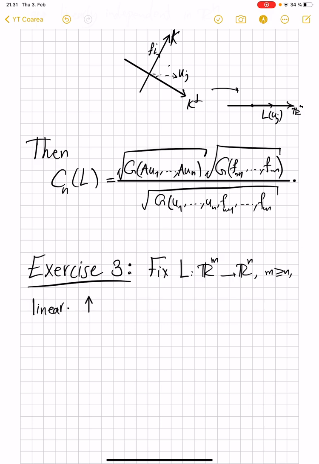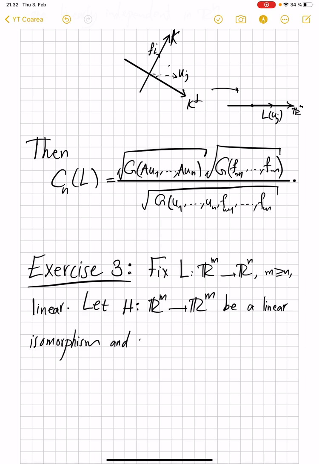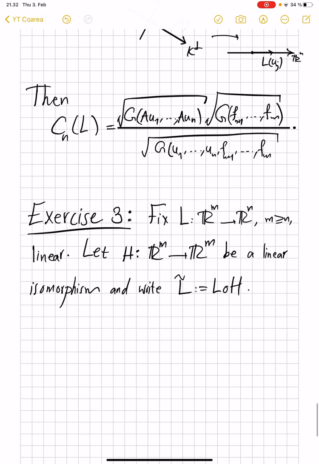Let H be a change of coordinate systems. That's how I'm thinking about this here. Be a linear isomorphism. Okay. And write L tilde for the map L composed with H, which is again from Rm into Rn.